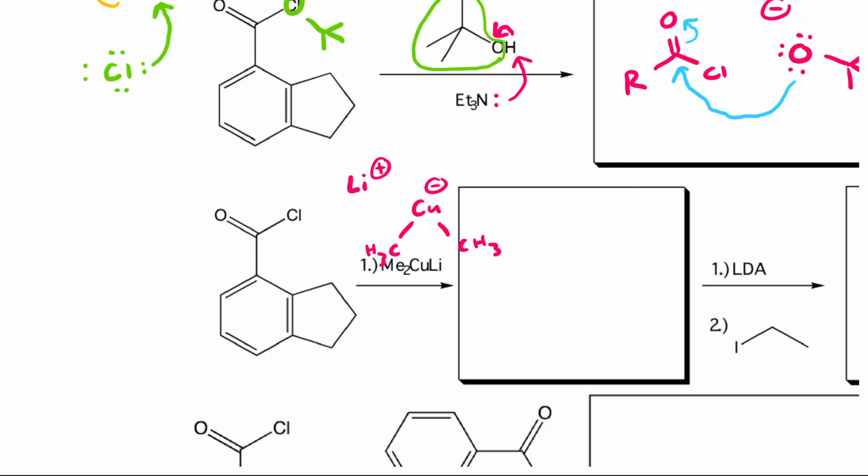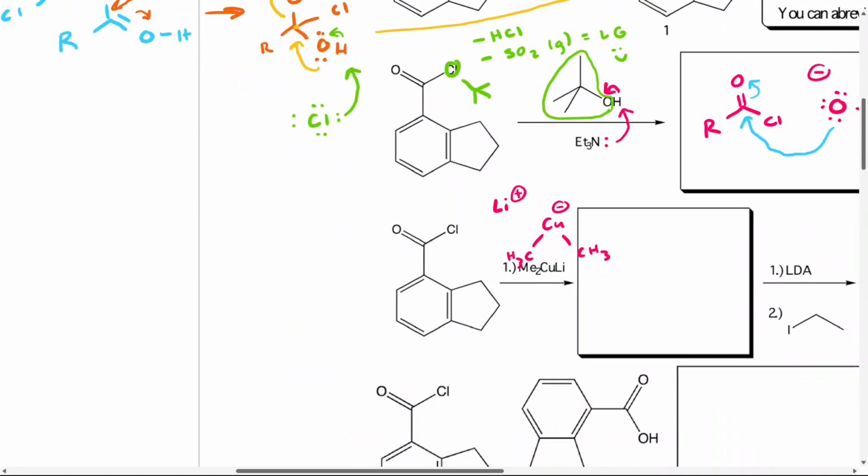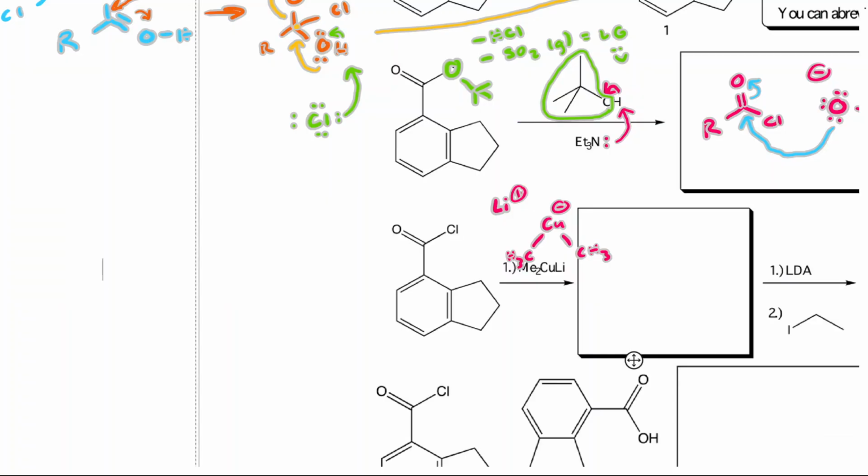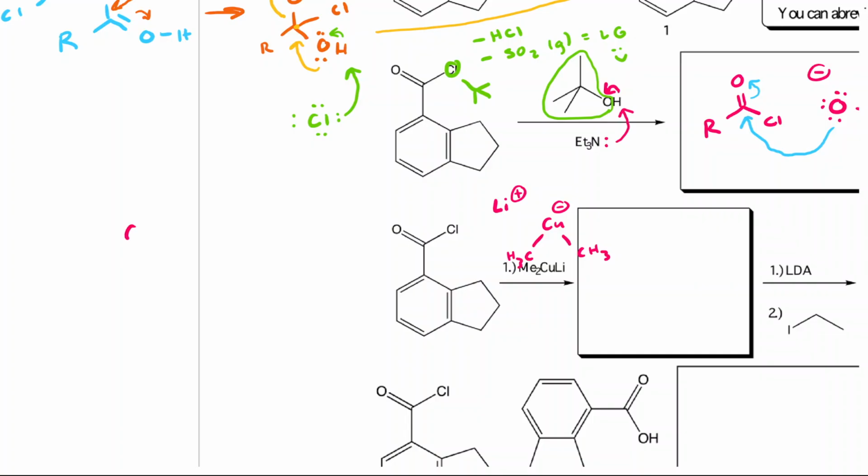I don't know how many lone pairs it has, but the main thing you should know is that carbon is a lot more nucleophilic than the copper atom because of its placement on the periodic table. So I write them down.